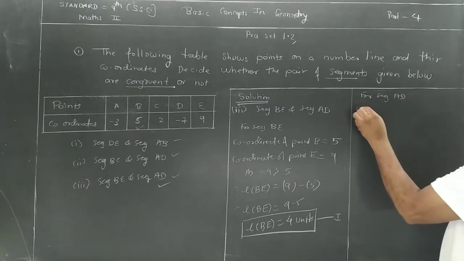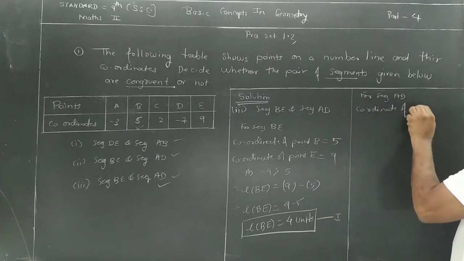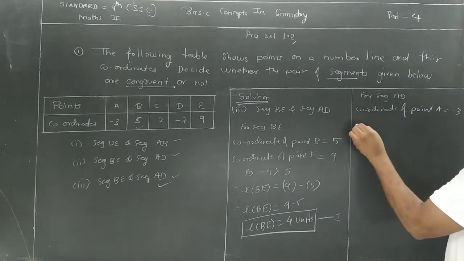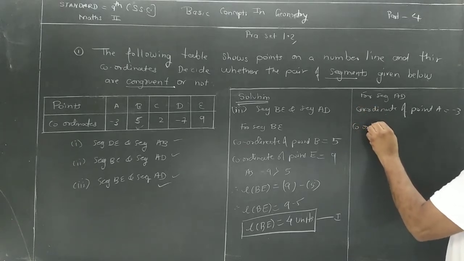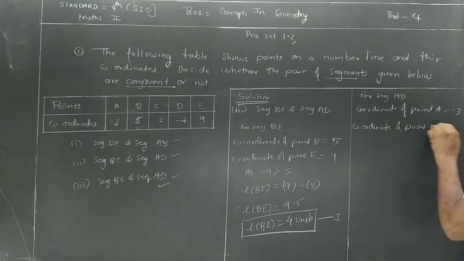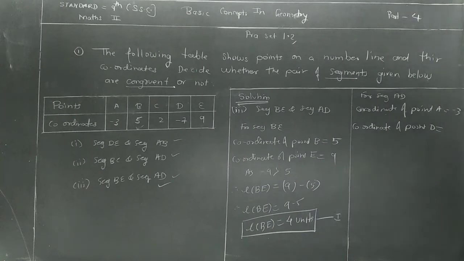Again, what am I going to write? Coordinate of point A. A is -3. And coordinate of point D is -7.